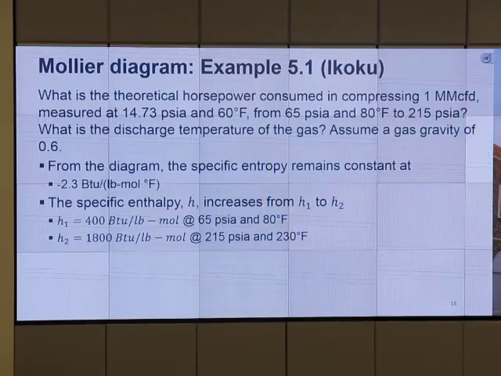What is the theoretical horsepower consumed in compressing 1 million cubic feet measured at 14.73 psia and 60 degrees F? First thing, you see this number, that is the standard condition they use. They spell it out because different locations define the standard value differently.